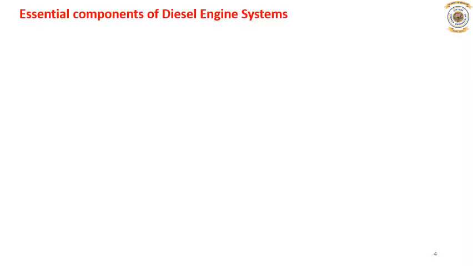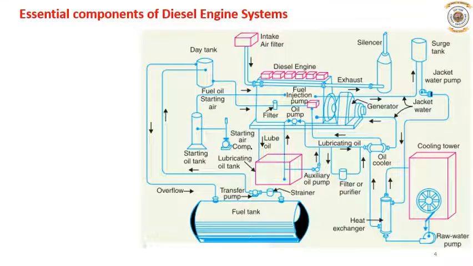Next, we will see what the essential components of the diesel engine system are in order to produce electrical power. This is the general layout where you can see the various components of the diesel engine power system.